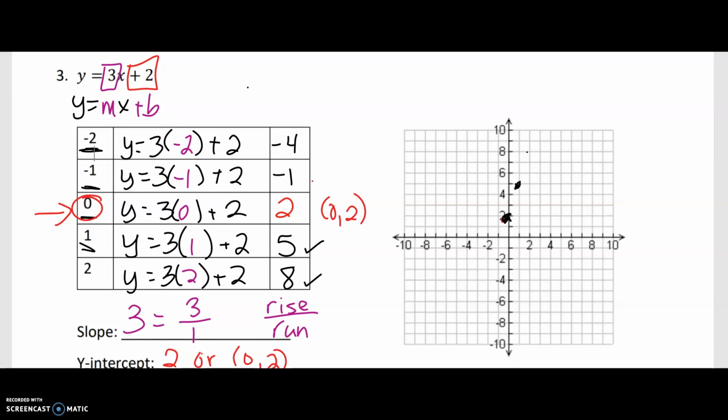We can go by our slope when we have the equation, or we can also go by the table if we have our points. And if I went back, down 3, back 1, there's negative 1, and then down 3, back 1 again, and there's that last point on our table. So then we can draw our line through, and that's our graph.